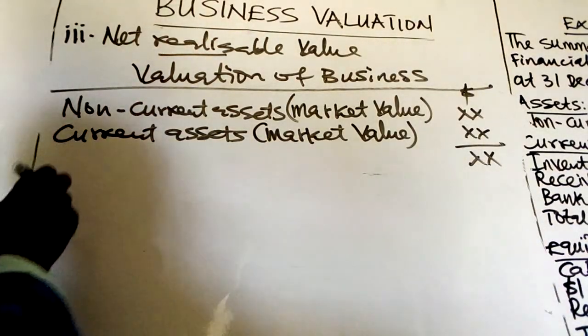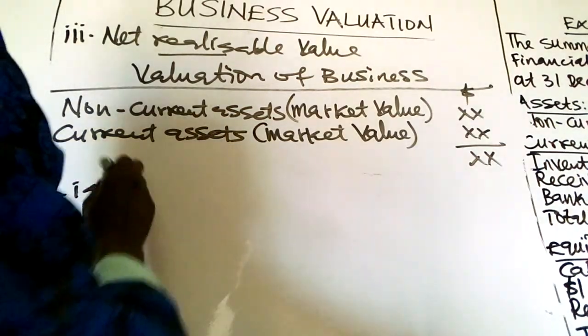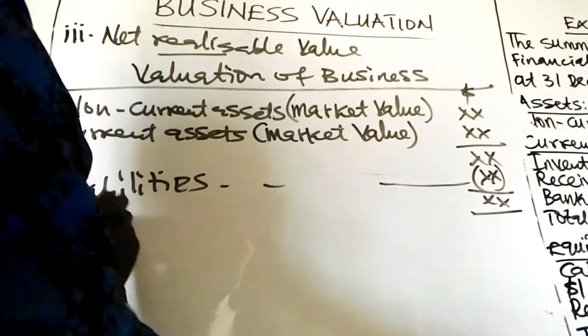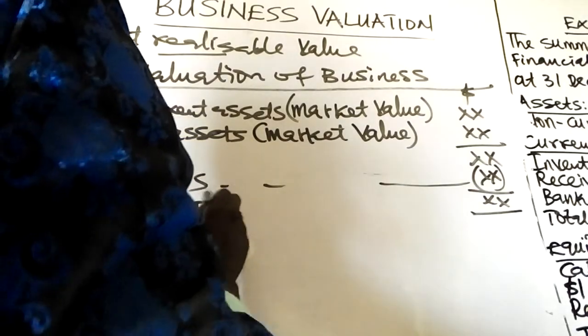Then from this, you less all liabilities. Liabilities will be included at the amount that will be paid for those liabilities. Then you now have value of equity.